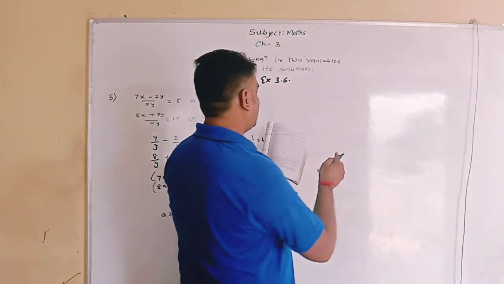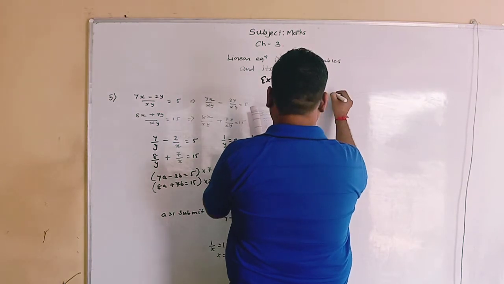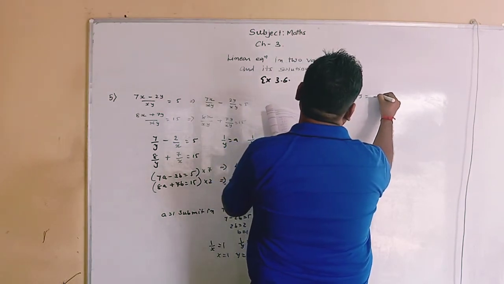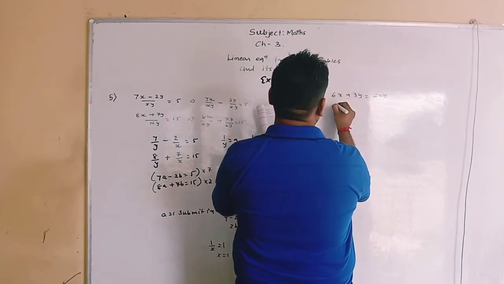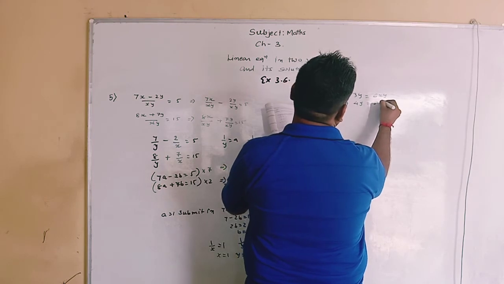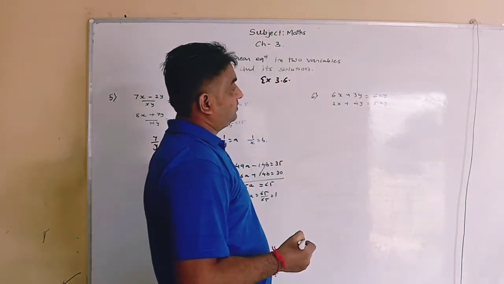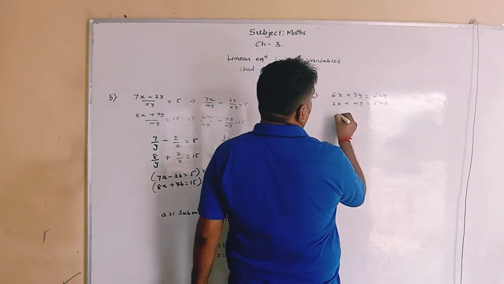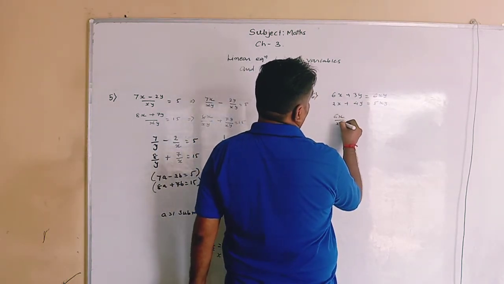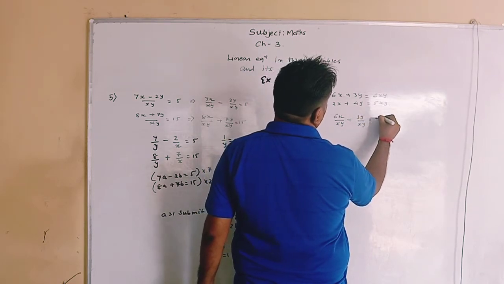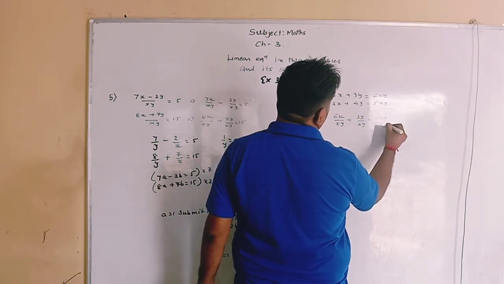Now the sixth question we have 6x plus 3y equals 6xy, and 2x plus 4y equals 5xy. So both equations we divide by xy, then 6x by xy plus 3y by xy equals 6xy by xy.